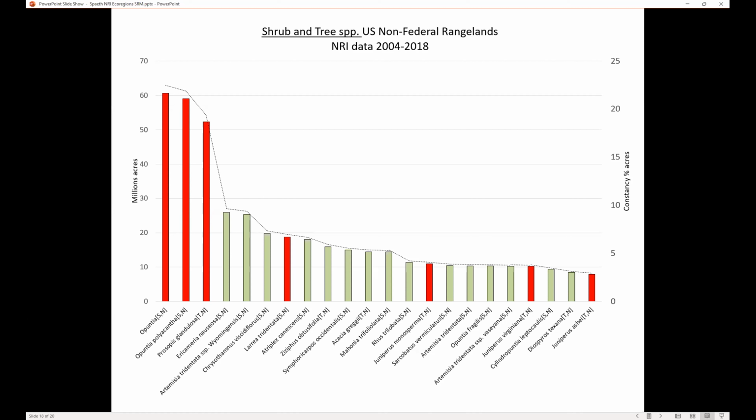And only experimentation can sort out the underlying factors of plant community change. The NRI is not an experiment, it's an assessment process. It provides data, but it doesn't show the causes of certain situations. We have to develop hypotheses based on the resource needs, like noxious and invasive plants having a tremendous impact on our rangelands.